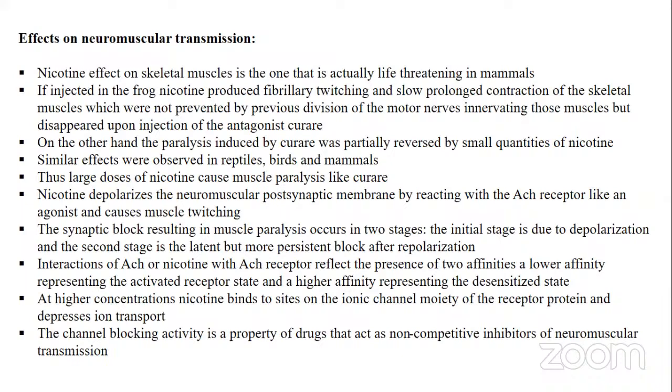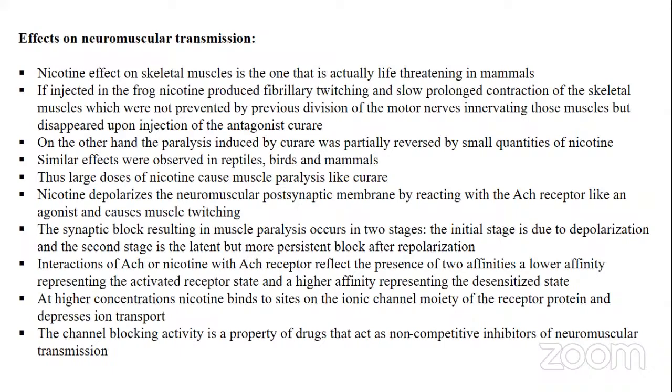Nicotine depolarizes the neuromuscular postsynaptic membrane by reacting with the acetylcholine receptor like an agonist and causes muscle twitching. The synaptic block resulting in muscle paralysis occurs in two stages. The initial stage is due to depolarization, and the second stage is the latent but more persistent block after repolarization.